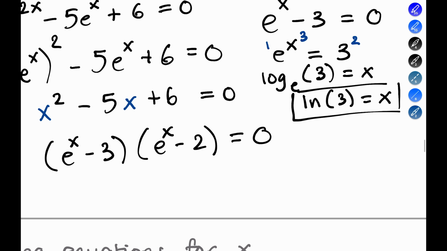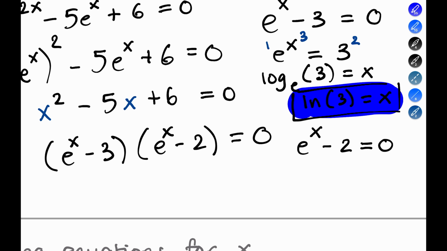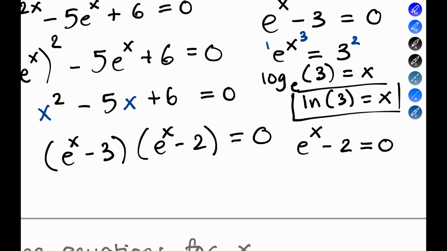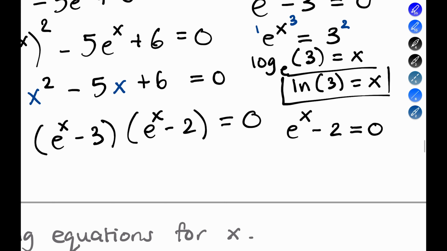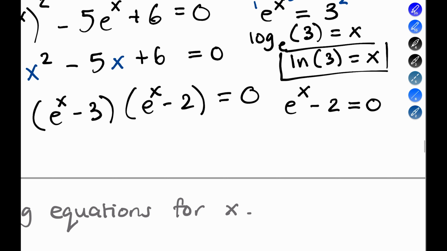And now let's do the same thing for e to the power of x minus 2 is equal to 0. So we found one, let's solve for the other. So we add 2 to both sides. It's going to become e to the power of x is equal to 2.